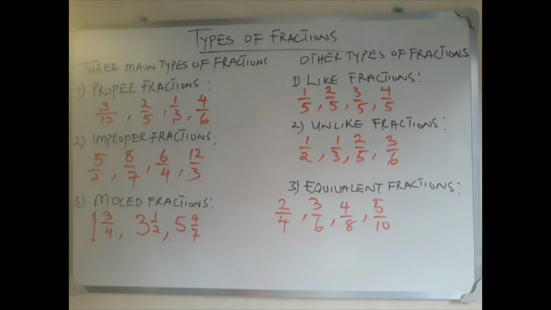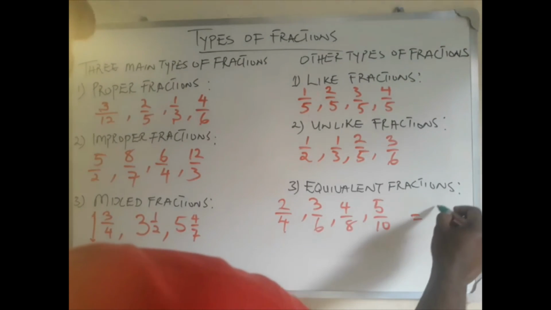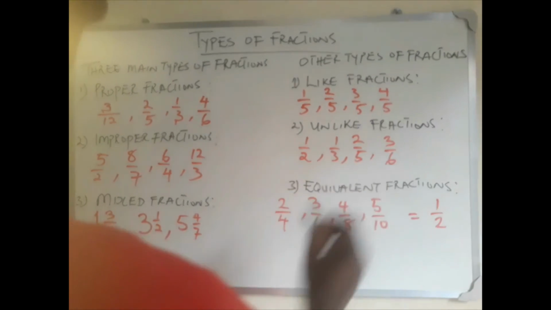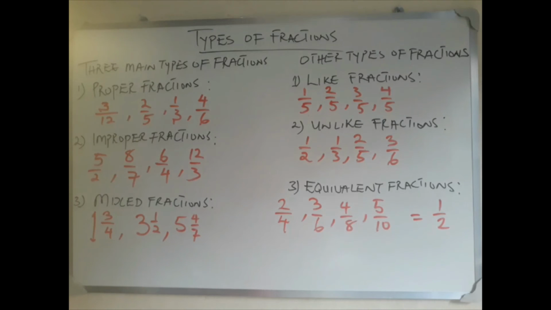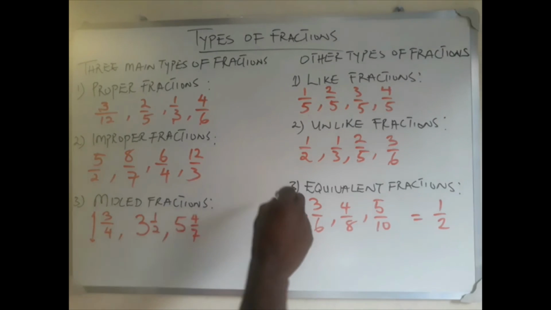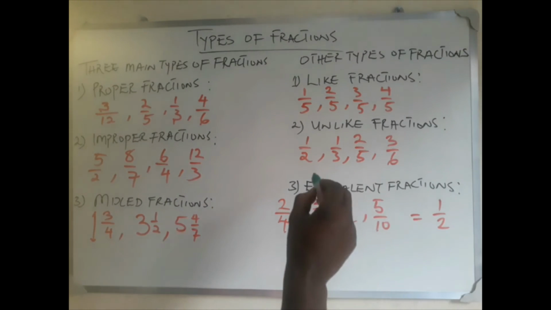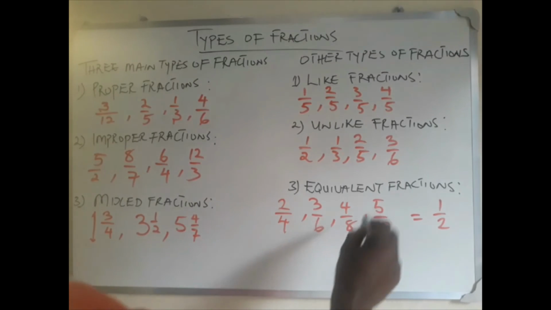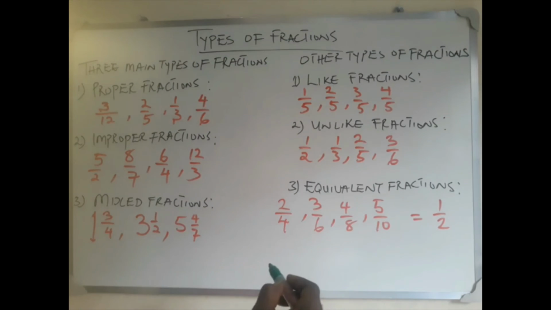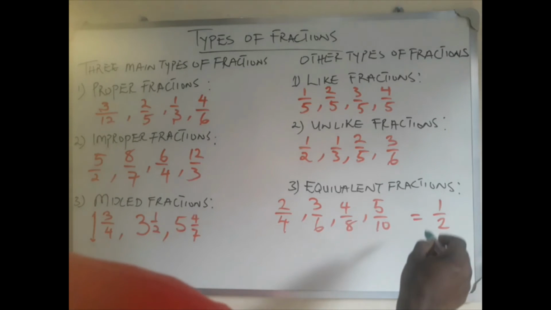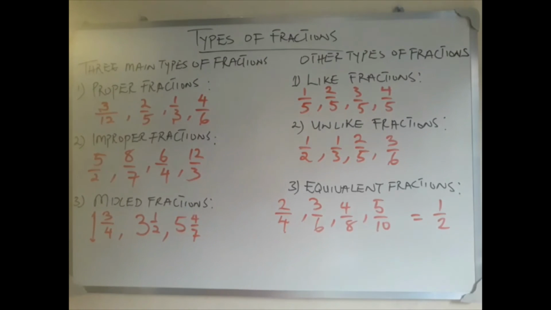But when they are simplified, you will find out that each of them will give you a value that is equal to 1 over 2. 2 over 4, 3 over 6, 4 over 8, 5 over 10, when simplified, will give you a value that is equal to 1 over 2.